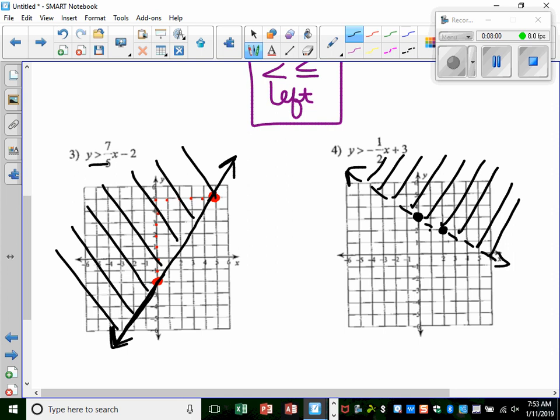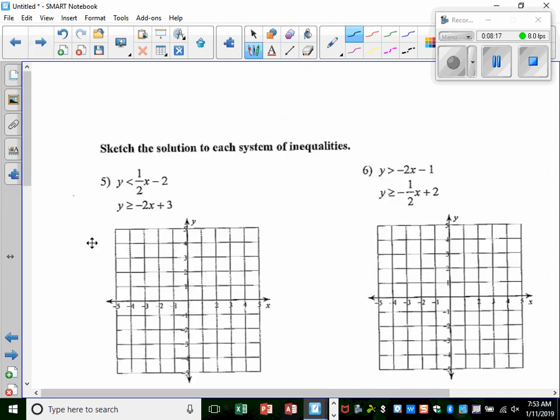Okay, any questions so far? Pretty basic, just graphing and shading and paying attention to if it's solid or dashed. All right, let's move on to the next page.